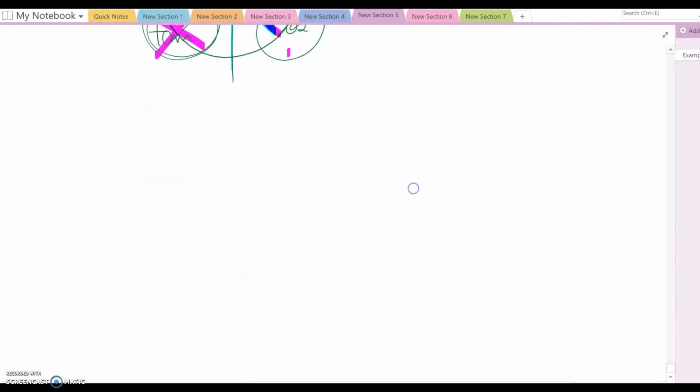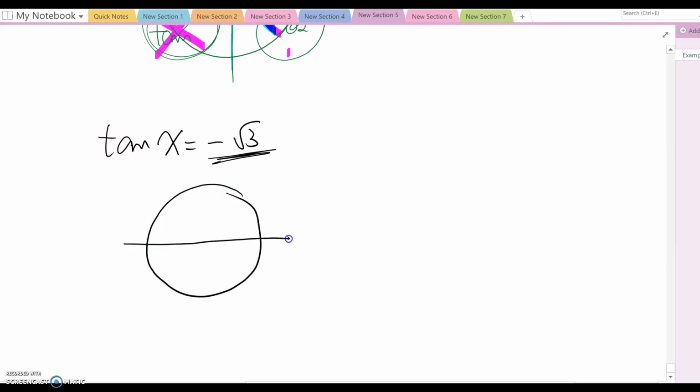Even if it's tangent x equals negative root 3, it's the same thing. Just think this is the 30, 60, 90 case, and in this case the sine value is bigger. It should be negative, so as you know, this and this don't make sense. Then where the sine values are bigger is here and then here, right?